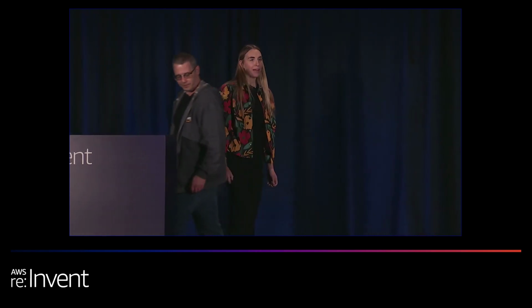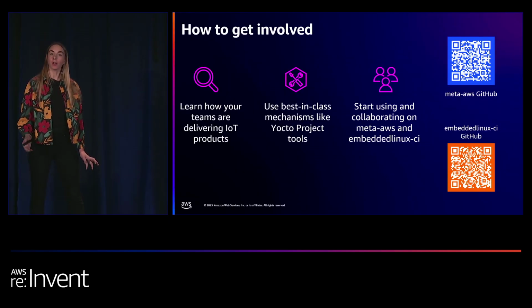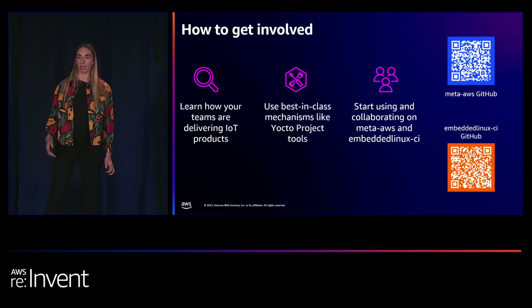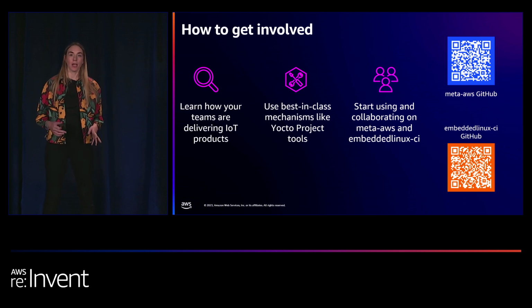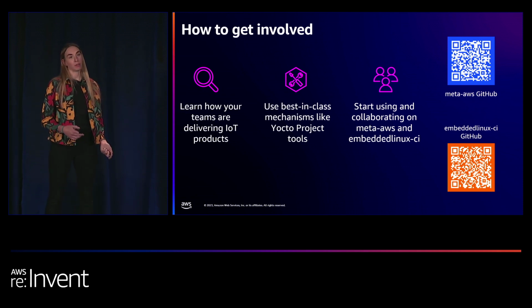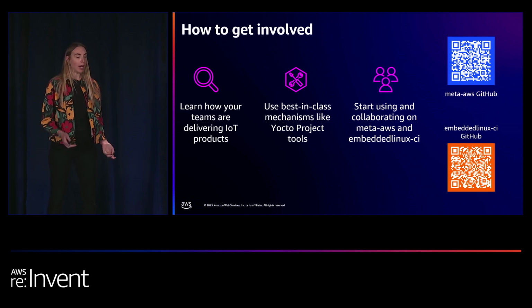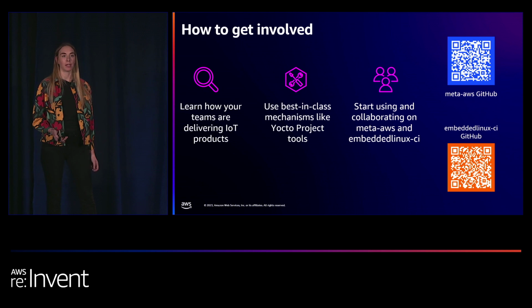Sure. All right. Well, we've given you lots of information today, and you might be asking yourself, what do I do now? How do I get involved in all of this? So if you're not currently making IoT devices in your organization and you are involved in the process, it would be great to get with those people and learn about what they're currently doing, what tools they're using, and if they are using Yocto Project, which we learned there's probably a good chance they are, check out meta-AWS, check out AWS for Embedded Linux CI.